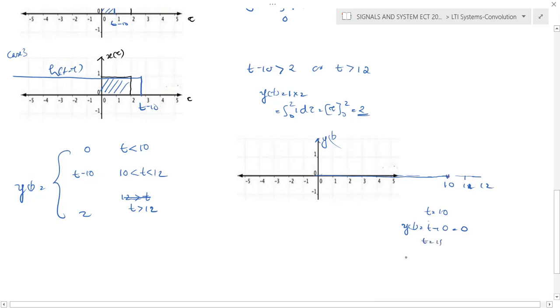When t is equal to 11, y of t is 11 minus 10, that is 1. So at this point, the signal magnitude is 1. At t equal to 12, y of t is 12 minus 10, that is 2. So you'll get a signal like this, a straight line. This is actually t minus 10 from 10 to 12. After 12, the signal amplitude is constant; it is always 2. So this is the final result.